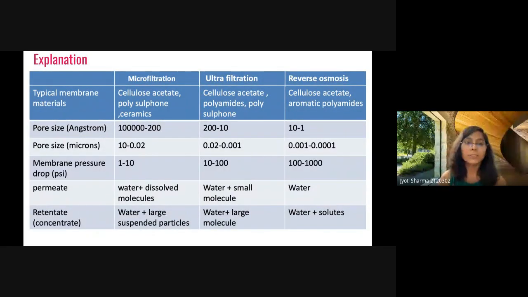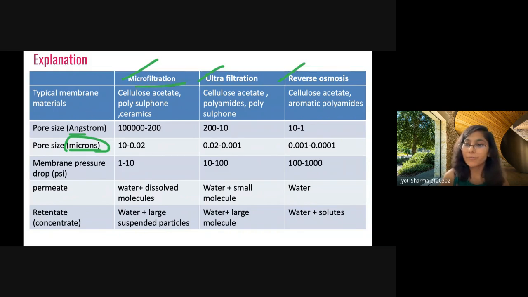And these are the sizes that we have. For microfiltration, ultrafiltration, and reverse osmosis, the pore size in angstrom and micron is given. Most of the time we use microns. And what material do we use?